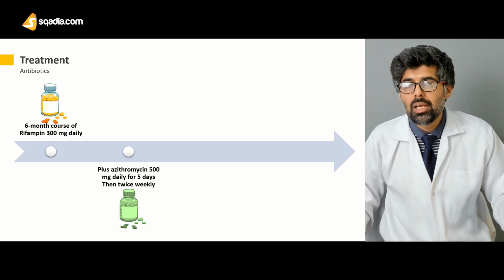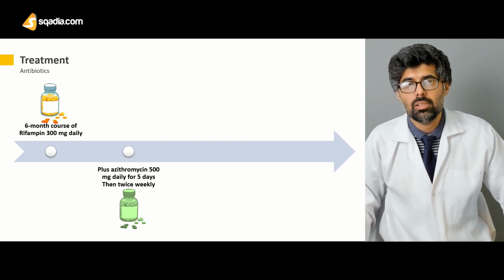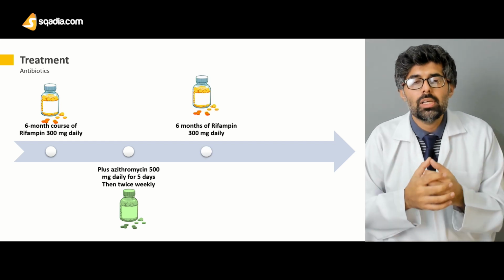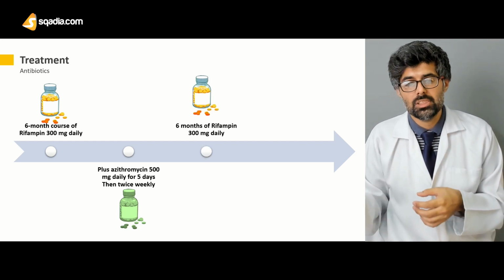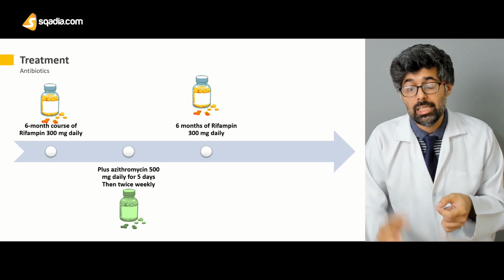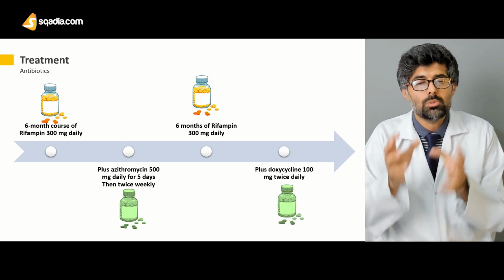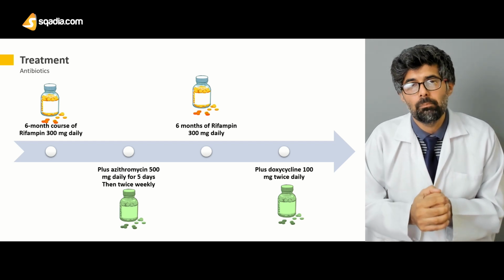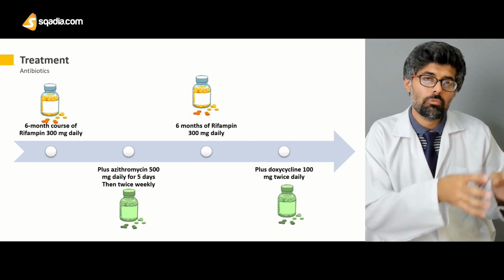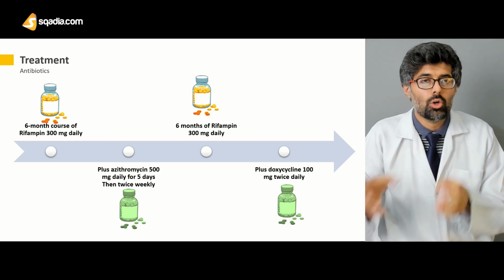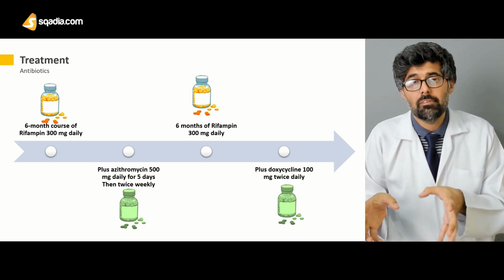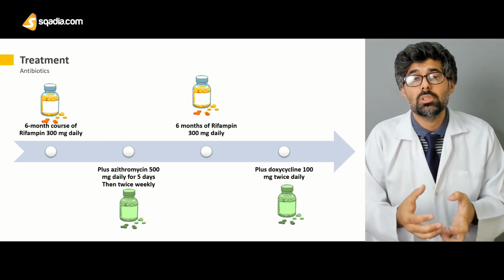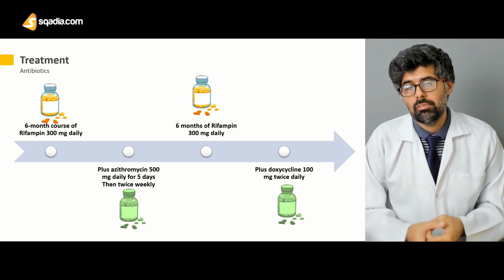Or we give 6 months of rifampicin 300 milligrams daily along with doxycycline 100 milligrams twice daily. So rifampicin with either azithromycin or doxycycline is given as a course for 6 months in patients with reactive arthritis.